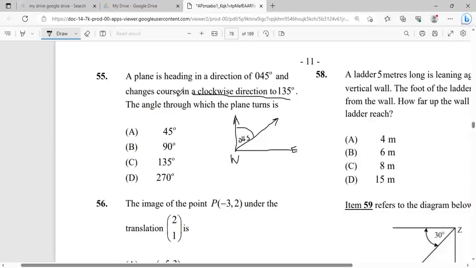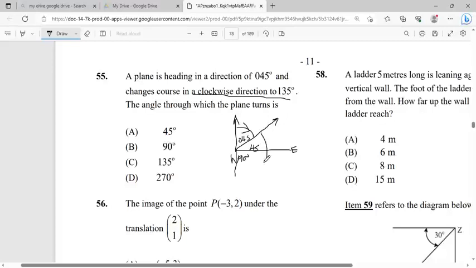The angle through which the plane turns is, so you say, a clockwise direction to 135 degrees. You go to 45 and then to get to 135, it's 45 plus 90, right? That's what's going to give you the 135.